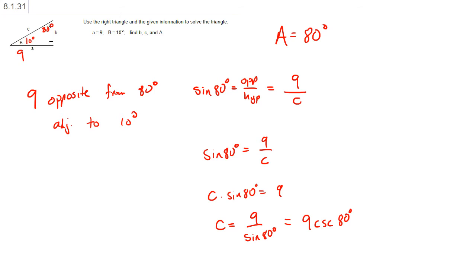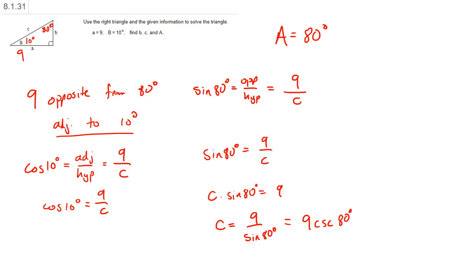We could have also said that 9 is adjacent to 10 degrees. So we could have said that the cosine of 10 degrees is equal to the adjacent side over the hypotenuse. Adjacent to 10 degrees is the length of 9, and the hypotenuse is still c. So I have that the cosine of 10 degrees is equal to 9 over c.